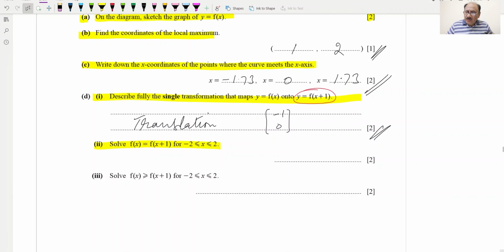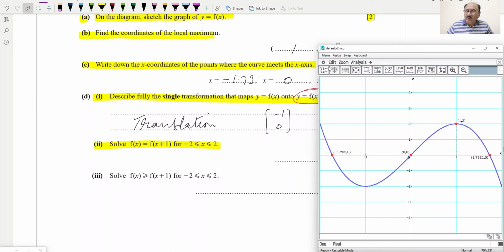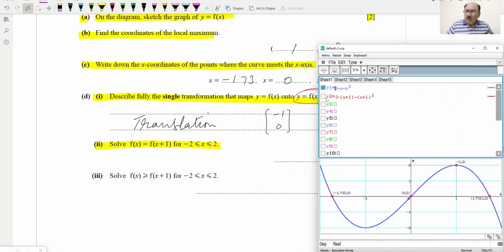So we'll again take the calculator. Now this is the second function which we have taken, and basically we need to solve this.